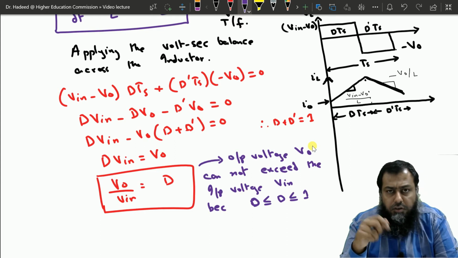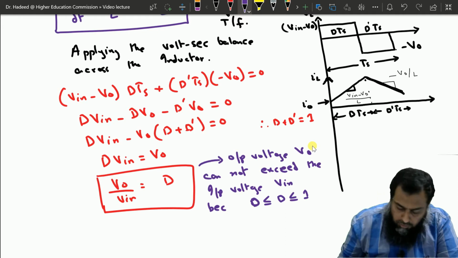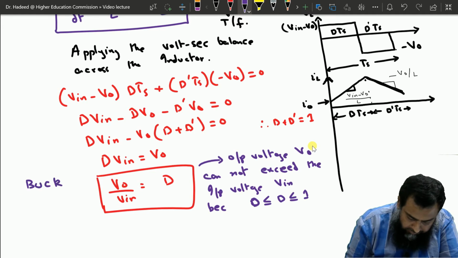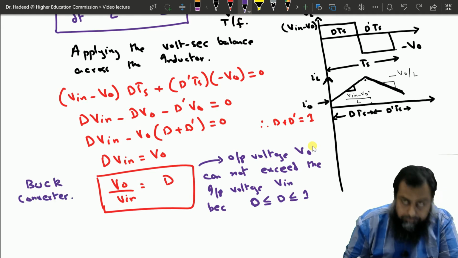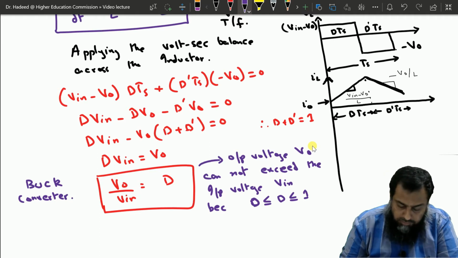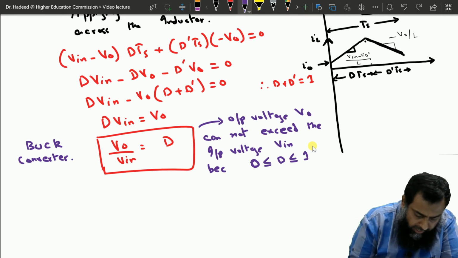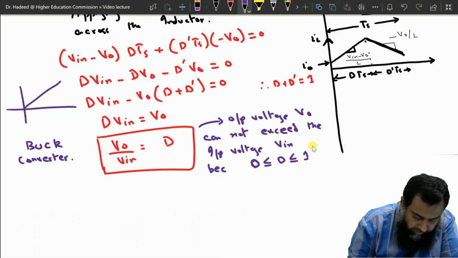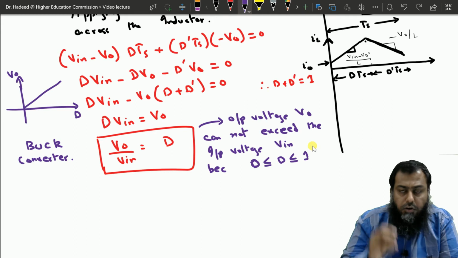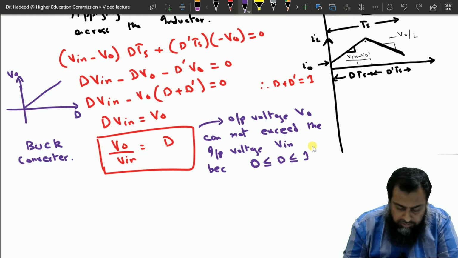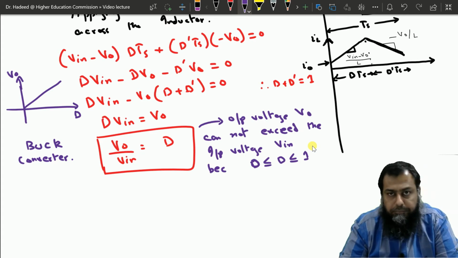And because this converter is not capable of increasing the input voltage, we call this a buck converter, right? This is a buck converter or a step down converter, right? This is the first thing. The second thing that we can see here is that this converter has linear control characteristics when we draw this D and this Vo. So the control characteristics are linear. This is the second thing that we can see through this volt second balance equation.